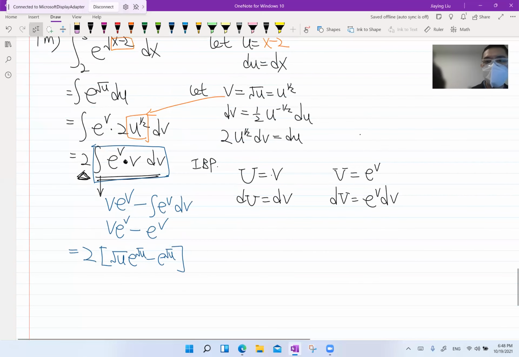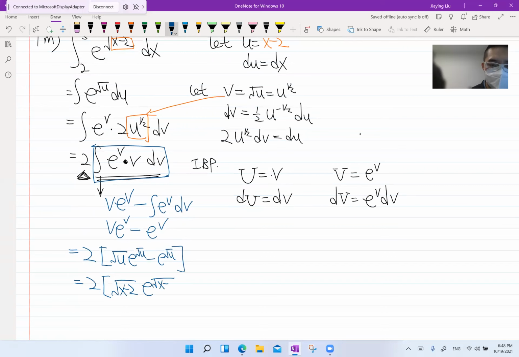But recall that u is x minus 2. So that's 2 times the square root of x minus 2 times e to the square root of x minus 2, minus e to the square root of x minus 2. This is the antiderivative in terms of x.